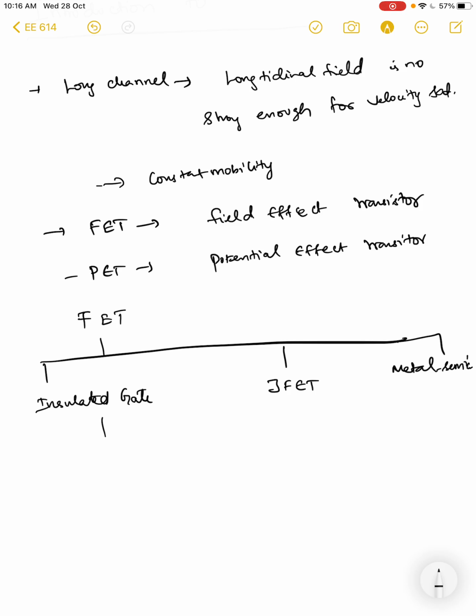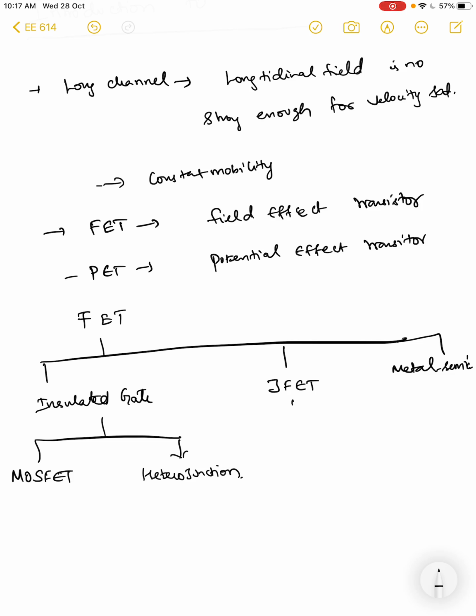In the insulated gate, there are two versions of this. One is a metal oxide semiconductor field effect transistor, and then you have a heterojunction field effect transistor. We know the junction field effect transistors work on a depletion.